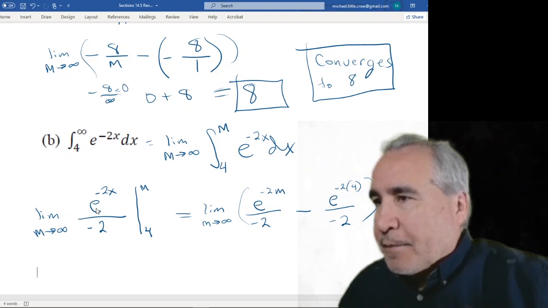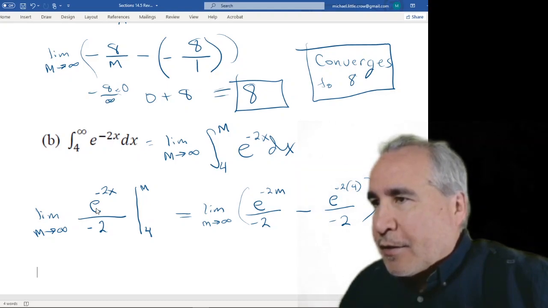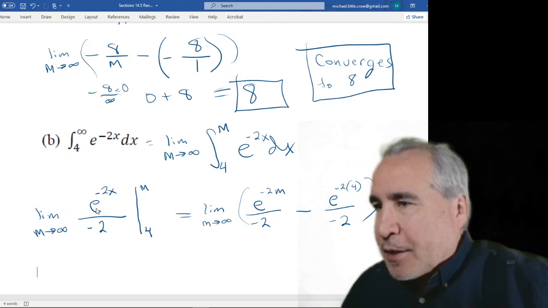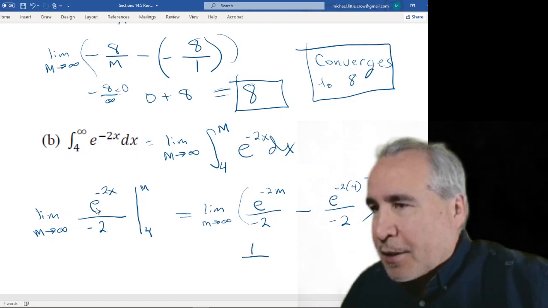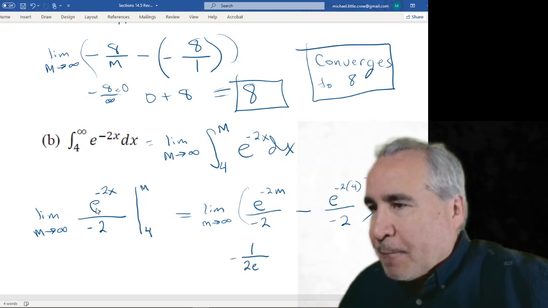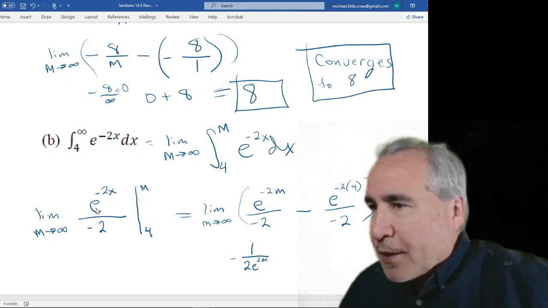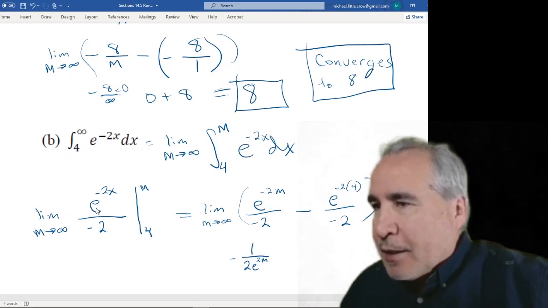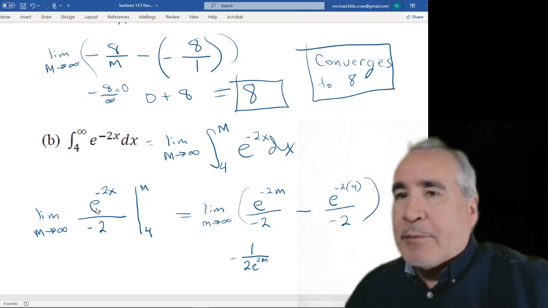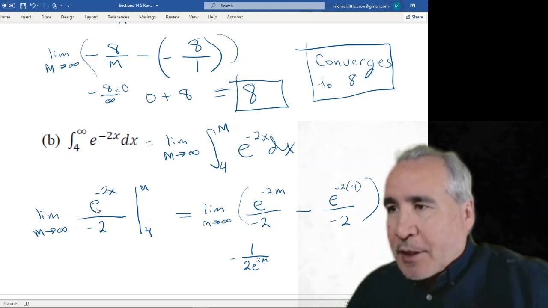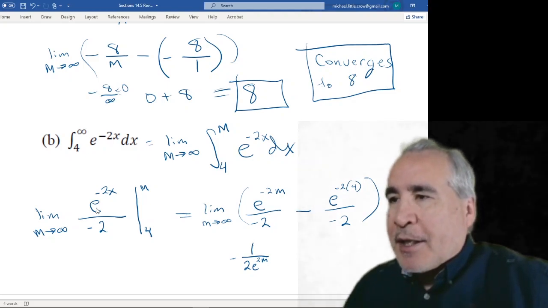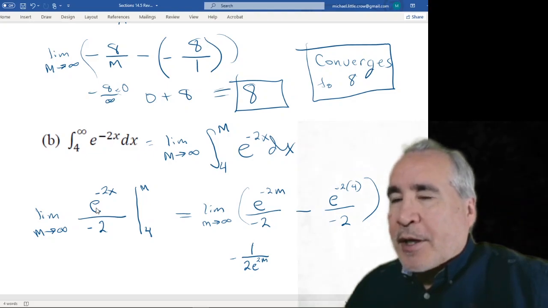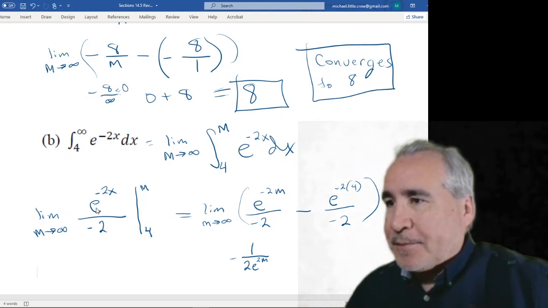Now this limit, as this goes to infinity, since it's a negative exponent, we want to think of this as 1 over, look at the negative out here, 2e to the 2m. As m gets big, e to the 2 times m gets really big, so the whole denominator gets really big. This whole part goes to 0.